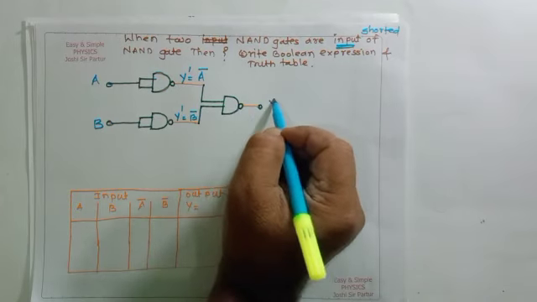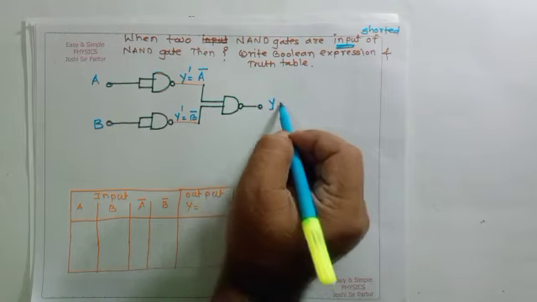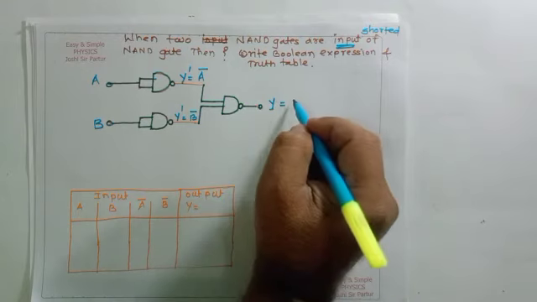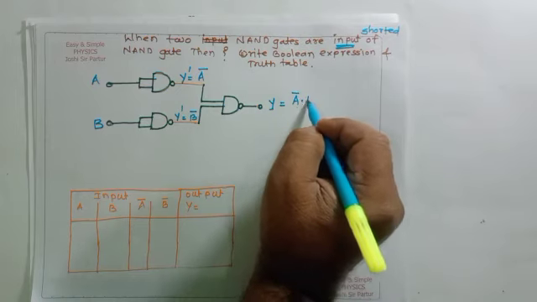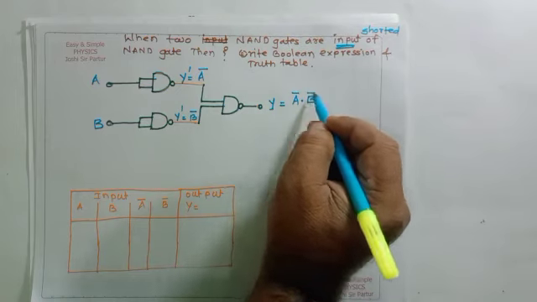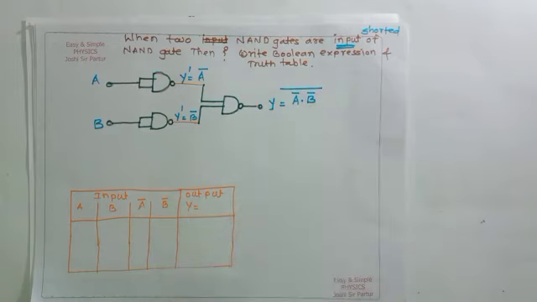So their output Y represents complement A and complement B, its complement.